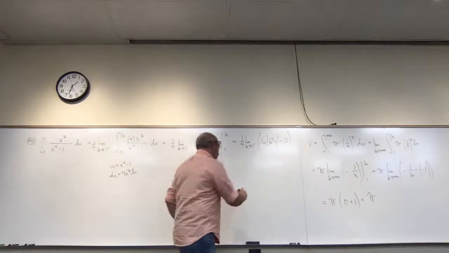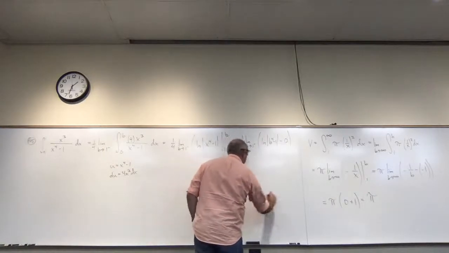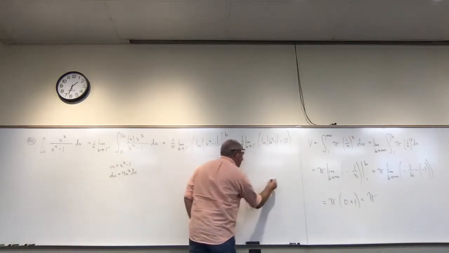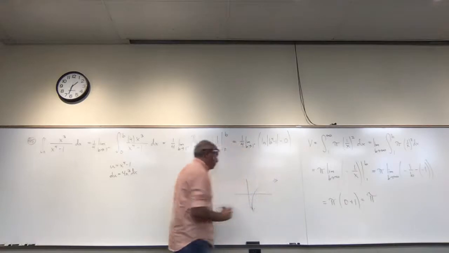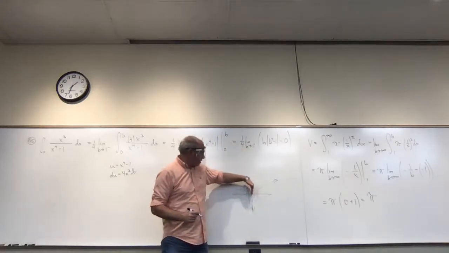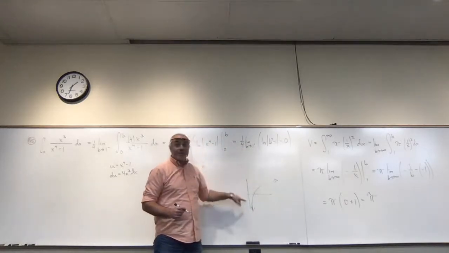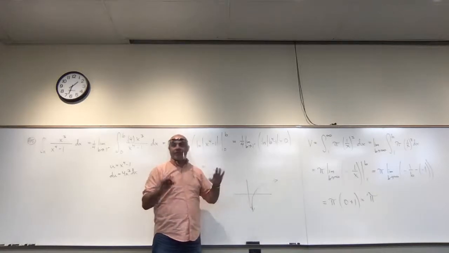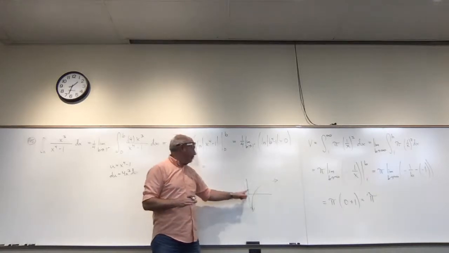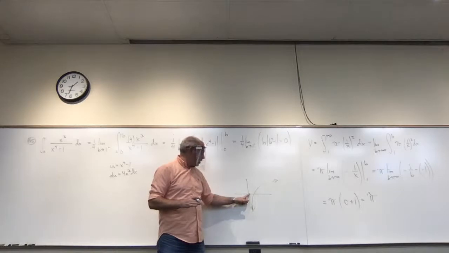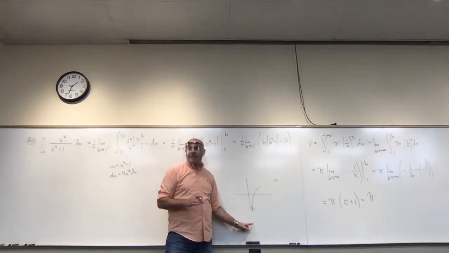What does ln look like? The natural log function looks like this, right? As it gets close to 0, it never is 0. There's no such thing as ln of 0. But if you get close to 0 from the positive side, it shoots down to negative infinity.